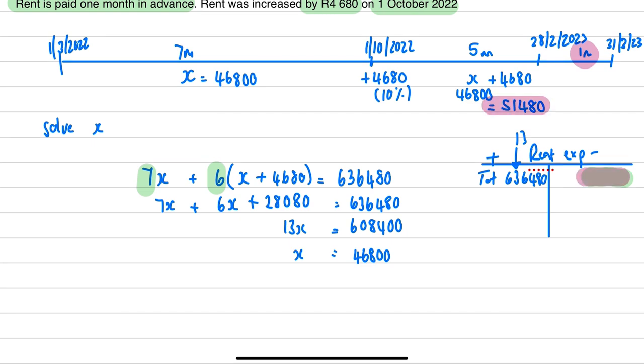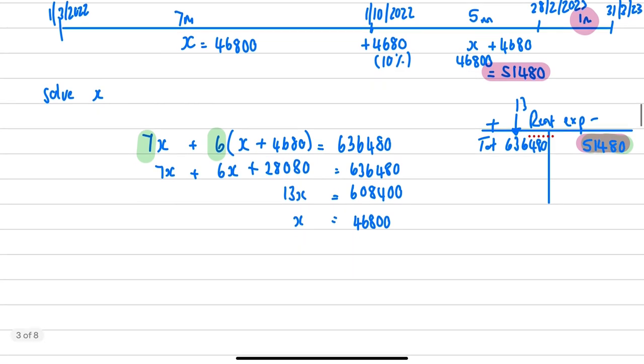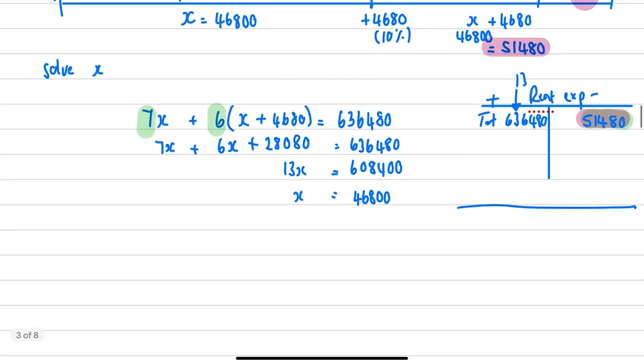So we're going to remove 51,480 from rent expense and move that to a prepaid expense. When we are paying too much rent, it's always going to be a prepaid expense. If we received too much rent, then it's income received in advance. So just make sure you're using the correct contra account.